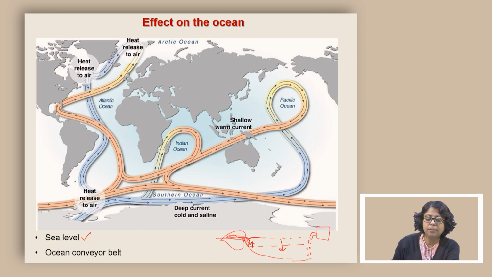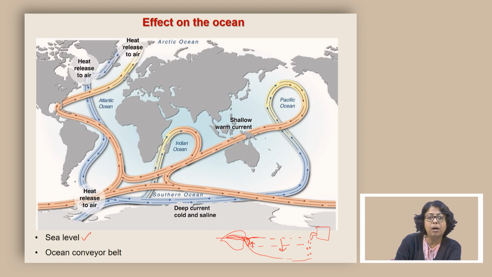So, if we look at the convection, the heated water in the tropics goes on a long journey to the colder region, and once it goes to the colder region, it loses heat, and therefore becomes cold, becomes dense, and therefore sinks.